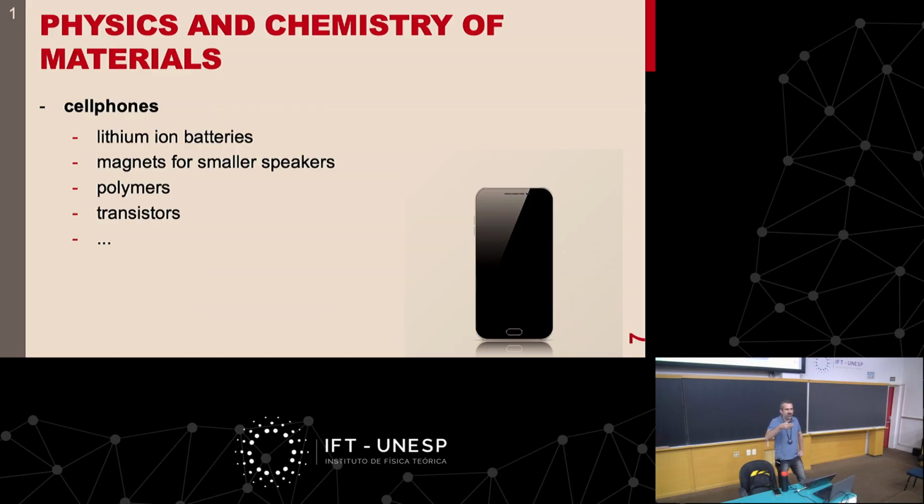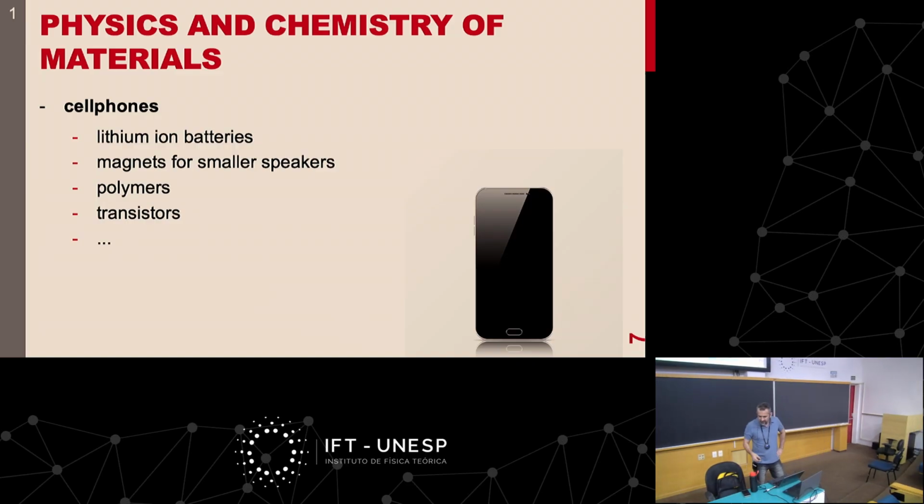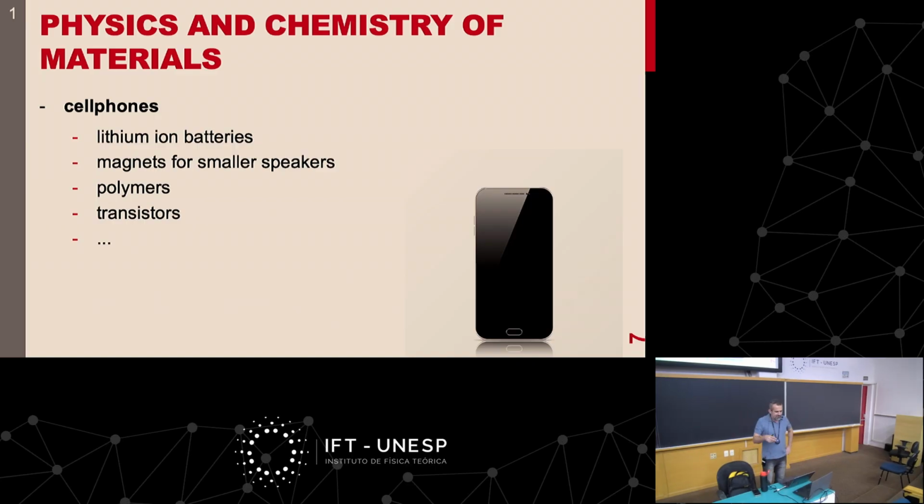You have very strong magnets that made it possible to put very powerful speakers in these cell phones. You have polymers for the case. You have transistors. Even the glass of these cell phones, called Gorilla Glass, was developed based on a lot of studies in material science.